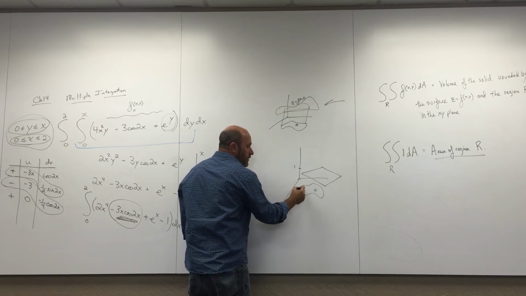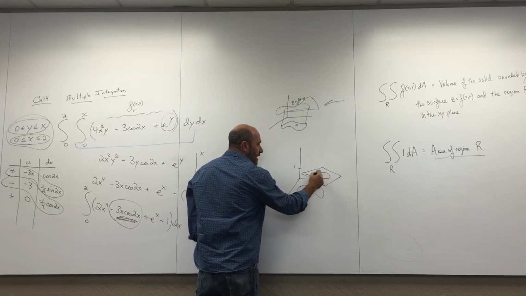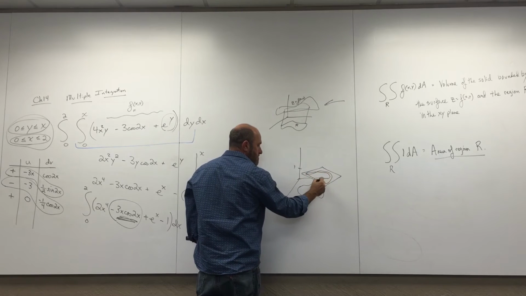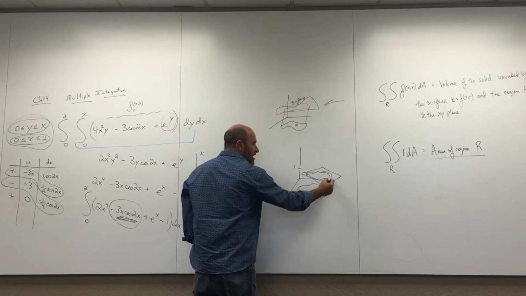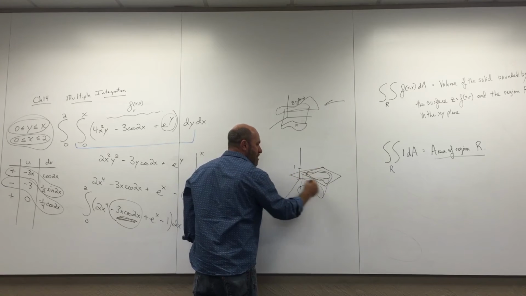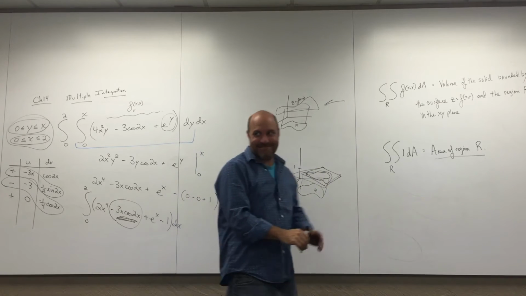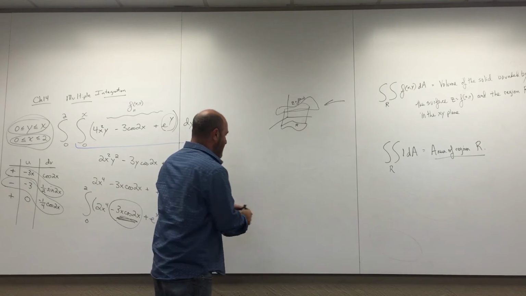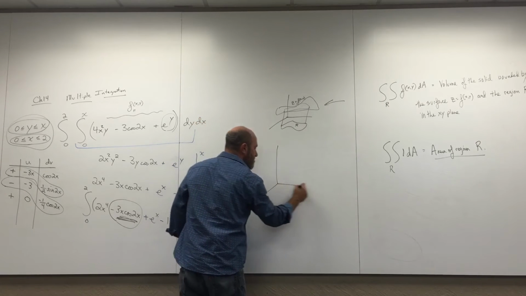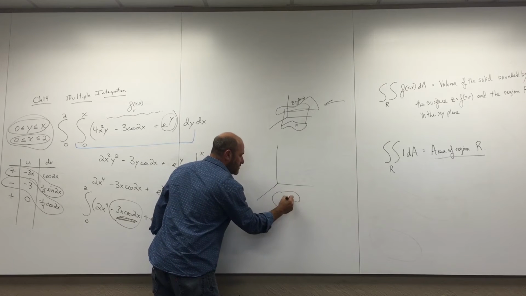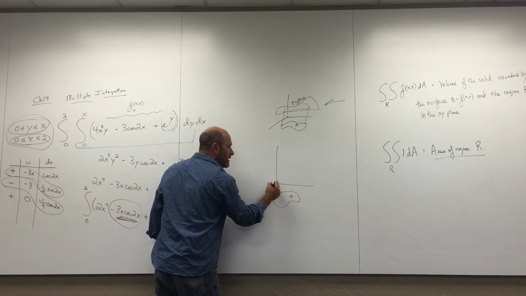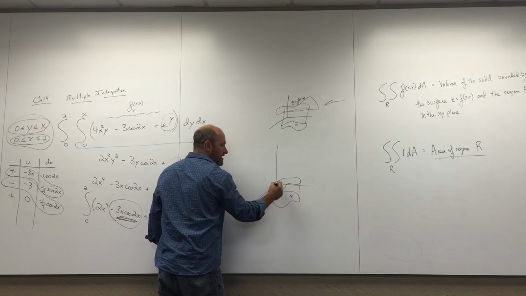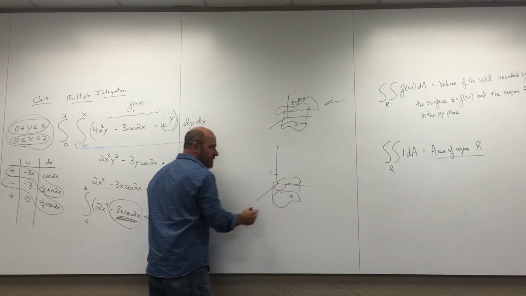And so I'm integrating this shape. There's the region R, and then I'm integrating this thing at a height of 1.